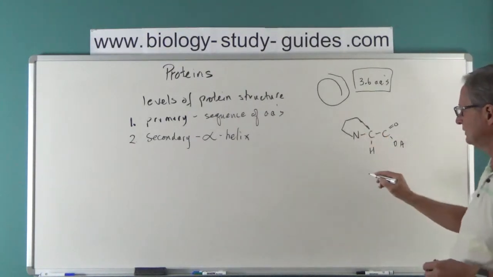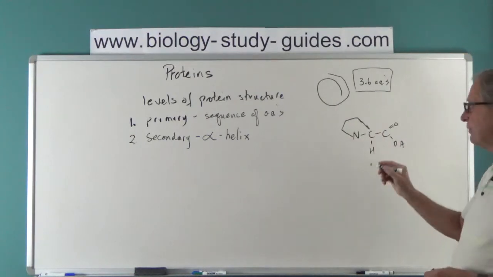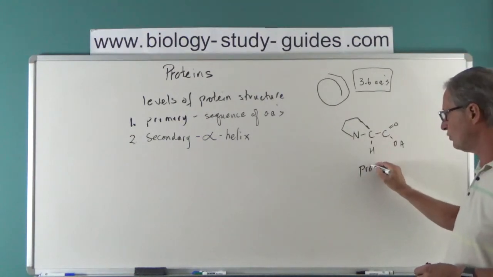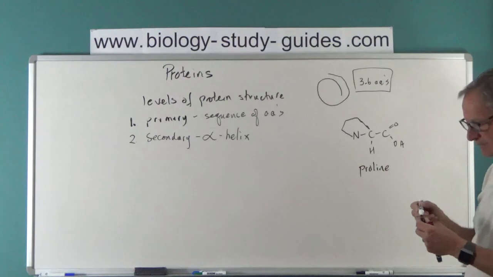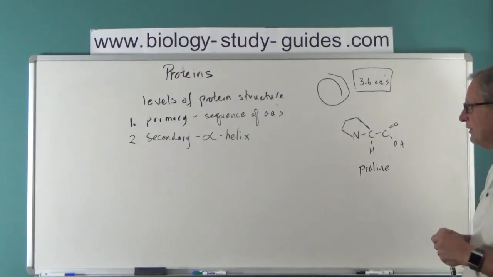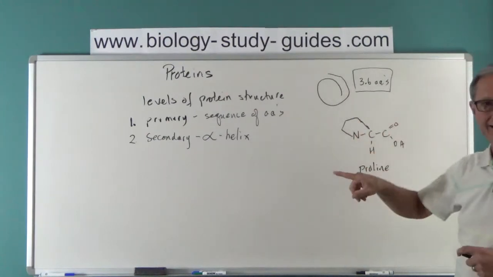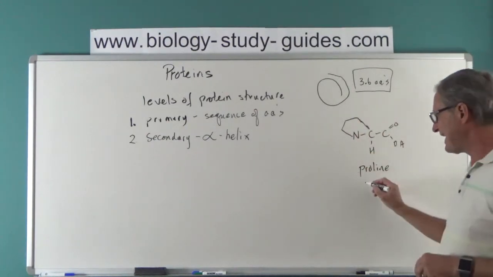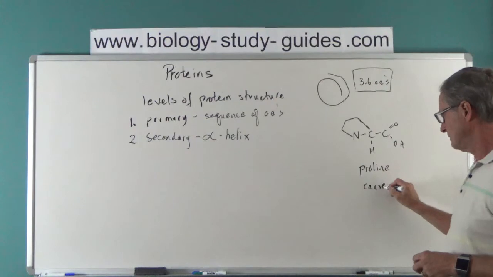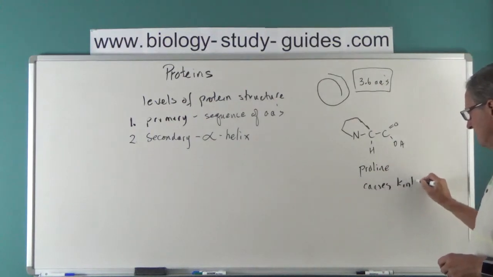It hasn't got that possibility to form the peptide bond. So this amino acid, which is called proline, anytime it gets incorporated into a protein, because it can't bond like the other ones do, it causes a kink.